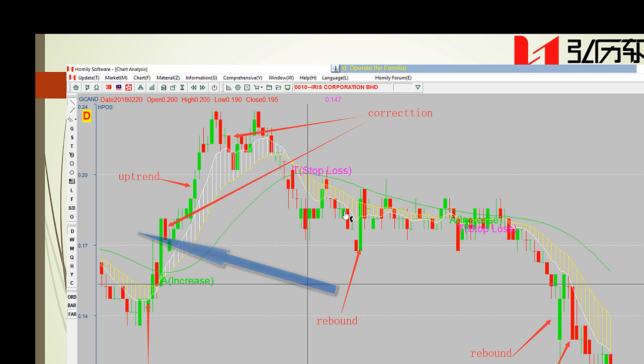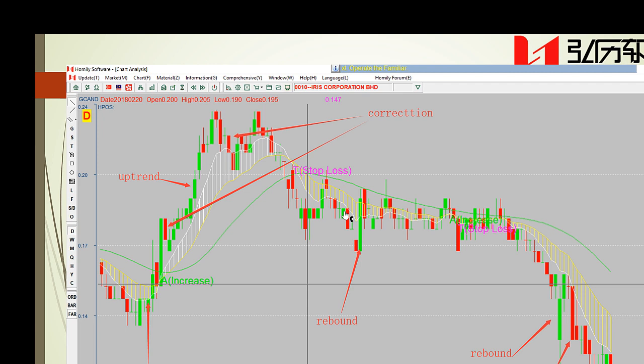So here we can see when the price drops, it still stands above the green line. So here the price is dropping. So this dropping is just a correction only, not a downtrend. After that we can see it gets support from the band. This is the white band.